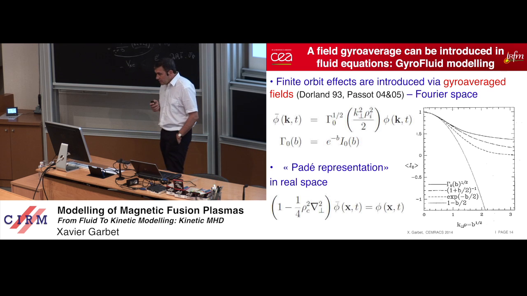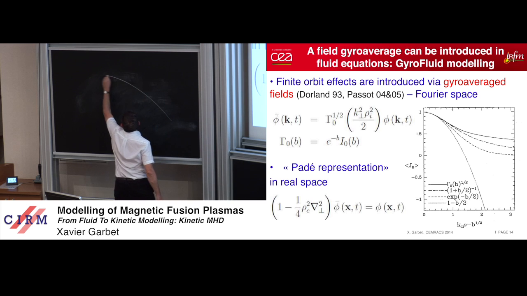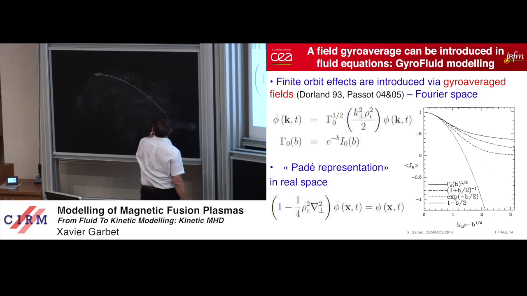And there, of course, there is a problem. I should really have kept the initial drawing. The problem is that if you look at the cyclotron motion, so this is your field line.